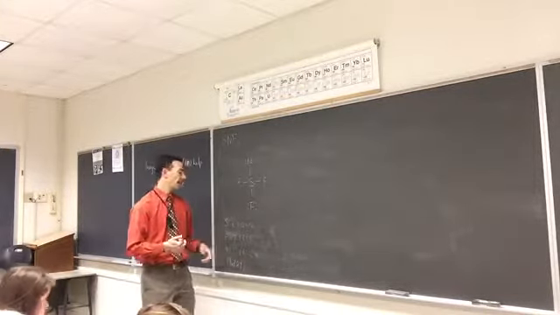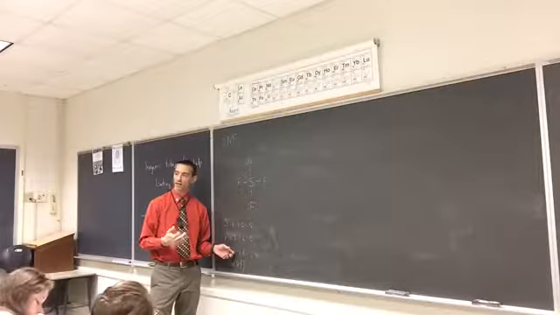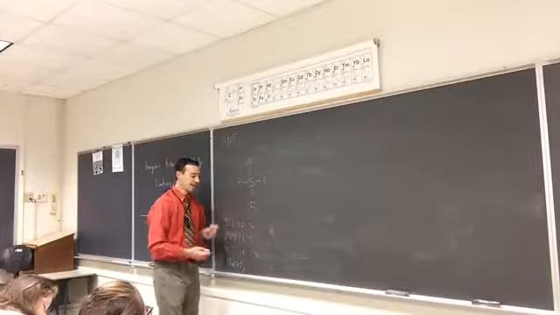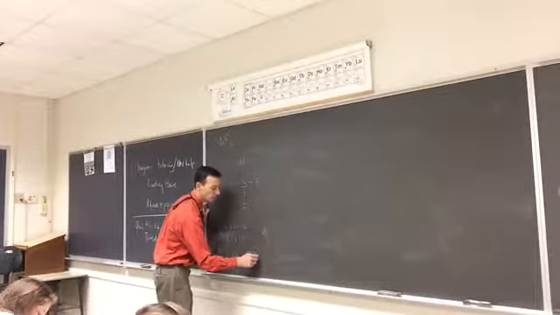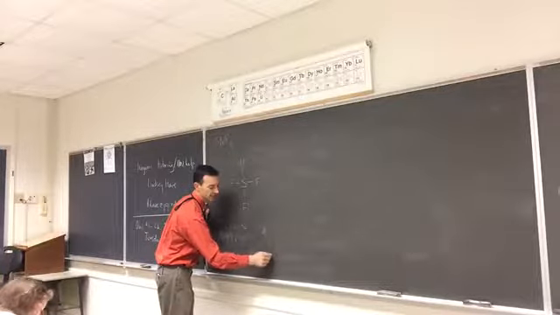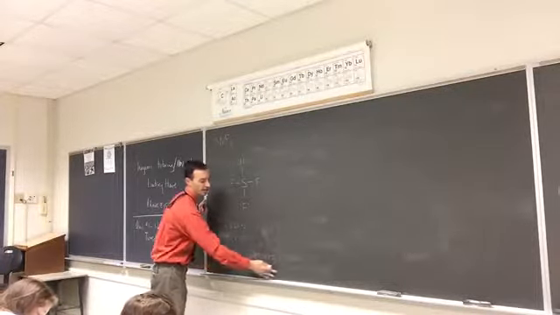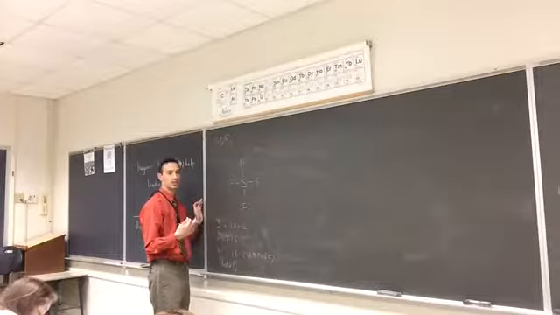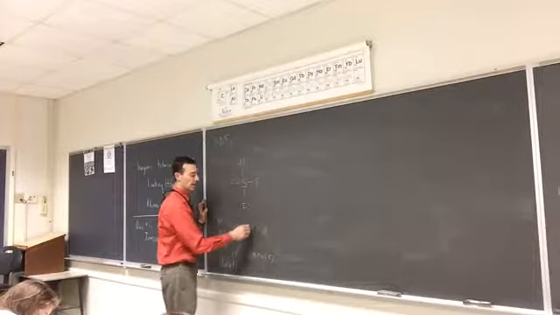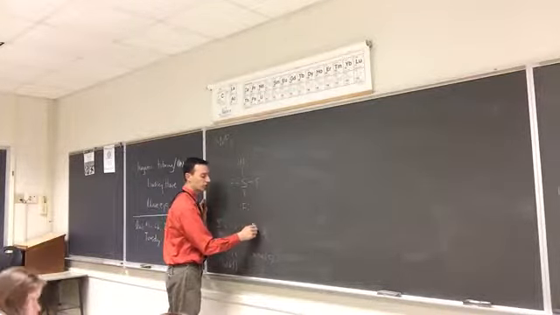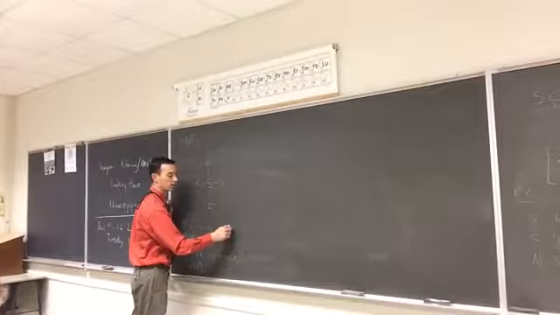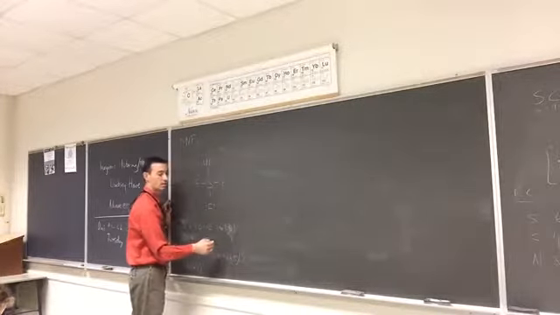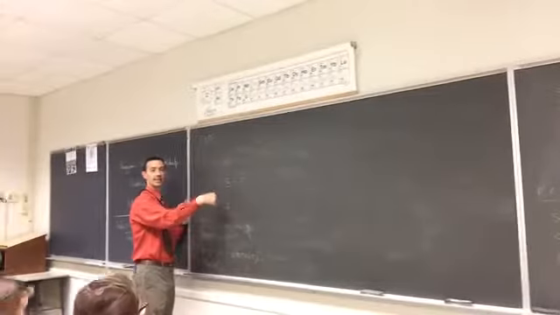Well, understand what these charges mean. Nitrogen has too much electron density. It's weird to say too many electrons, but that's really what it means. And sulfur has too little. But they're connected.